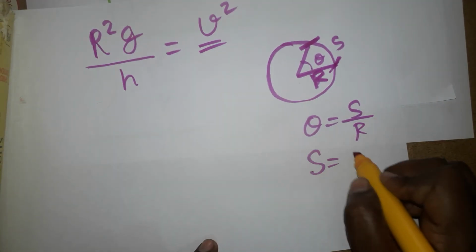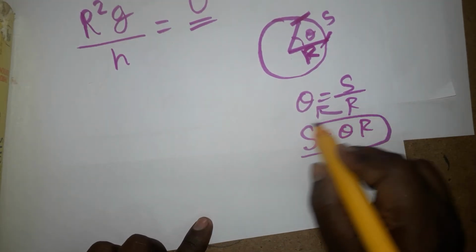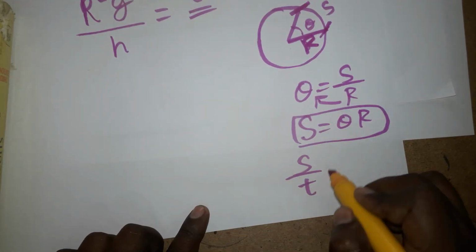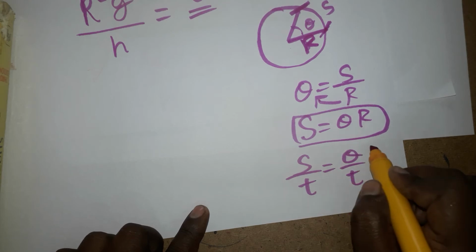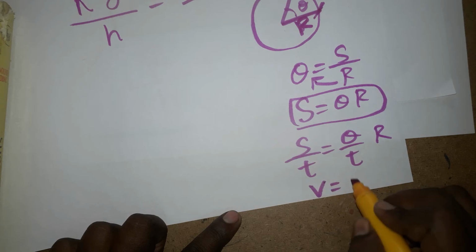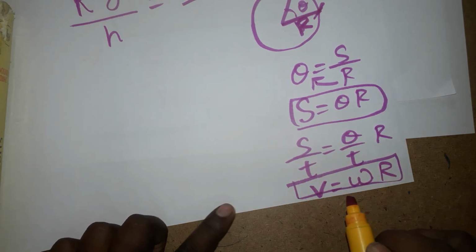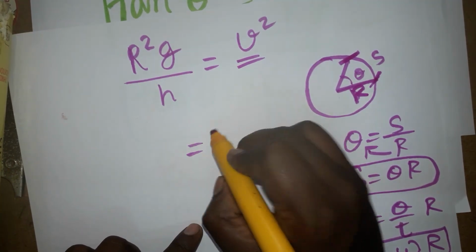So S is equal to theta times R. Just a cross multiplication. This equation with respect to time, displacement by time, is velocity, angular displacement by time is omega, into radius. So finally we got V is equal to omega R.